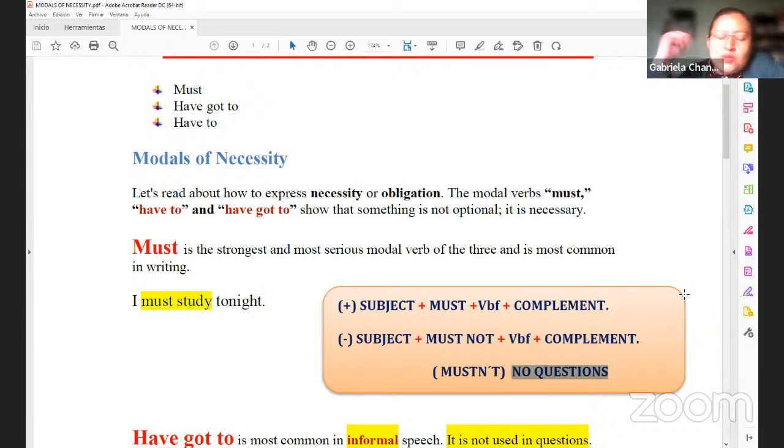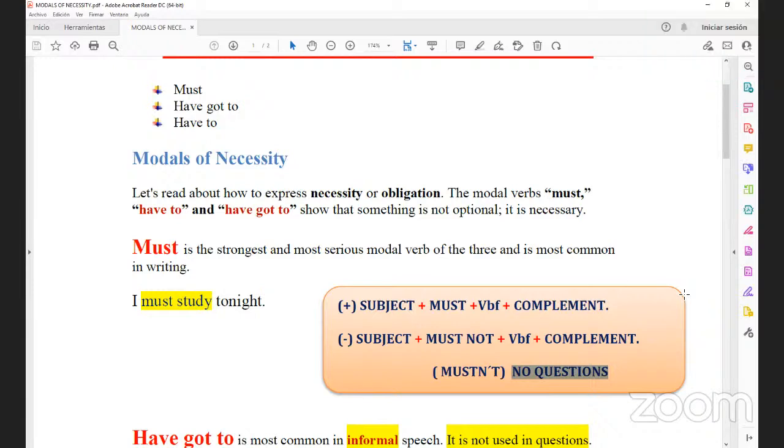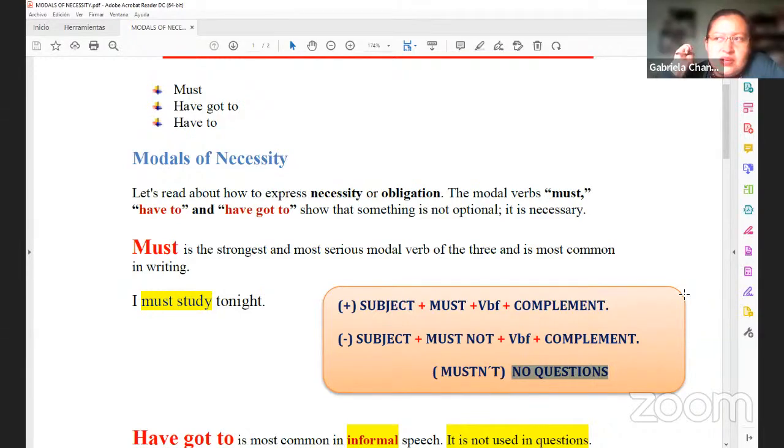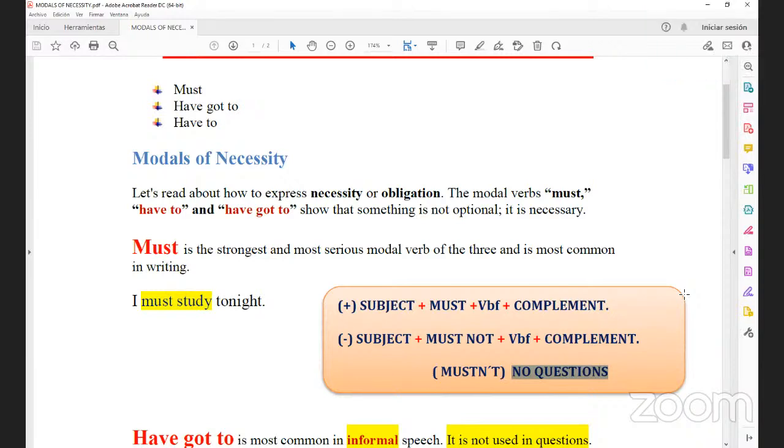You must... kill, matar, kill. You must not kill. Okay, that is a negative obligation. And a positive, what you must do.